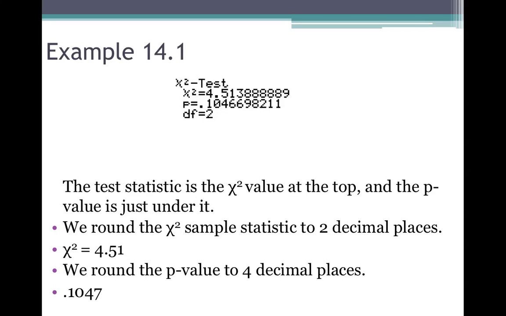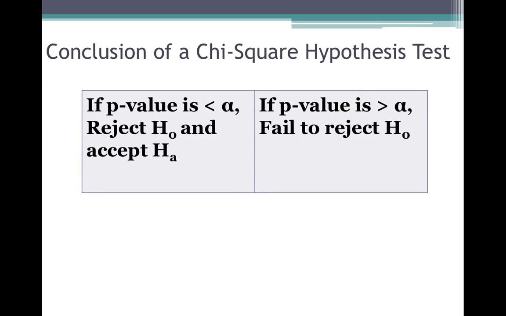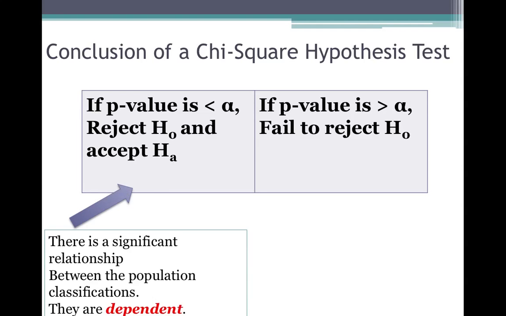Now, if we look at what that p-value means, if the p-value is less than alpha, reject the null hypothesis and accept the alternative hypothesis. If the p-value is greater than alpha, fail to reject the null hypothesis. So, in this problem, we have this case. Our p-value is greater than alpha.